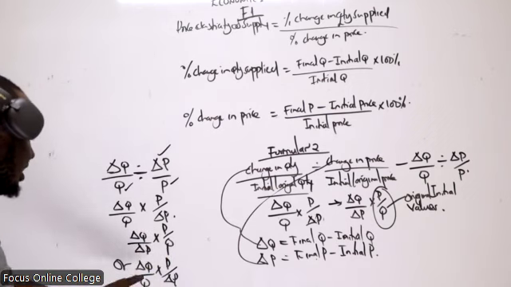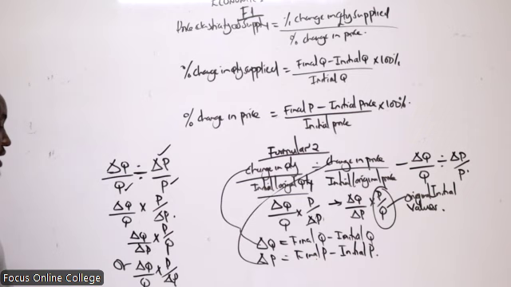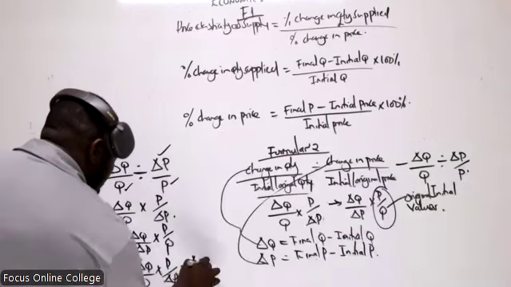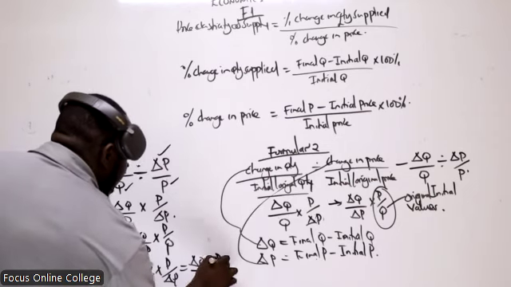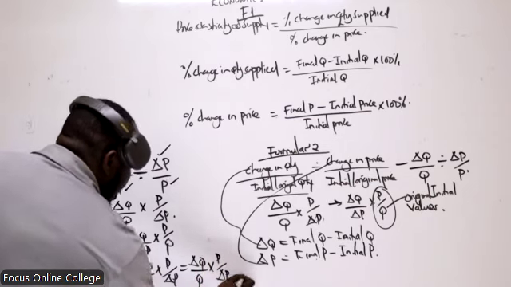Or this will just be change in Q over Q, which is original, times P over change in P.